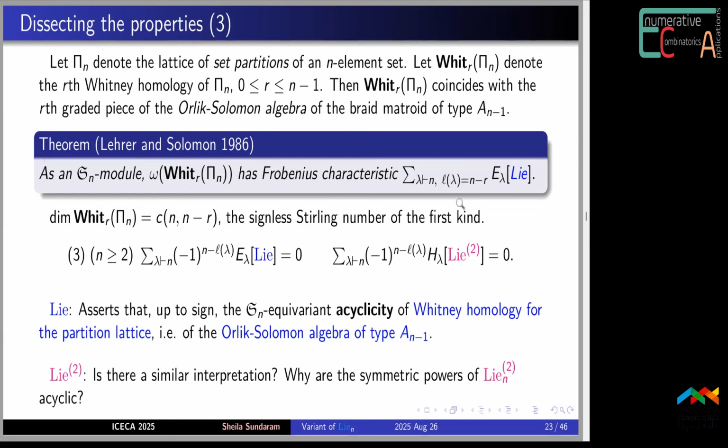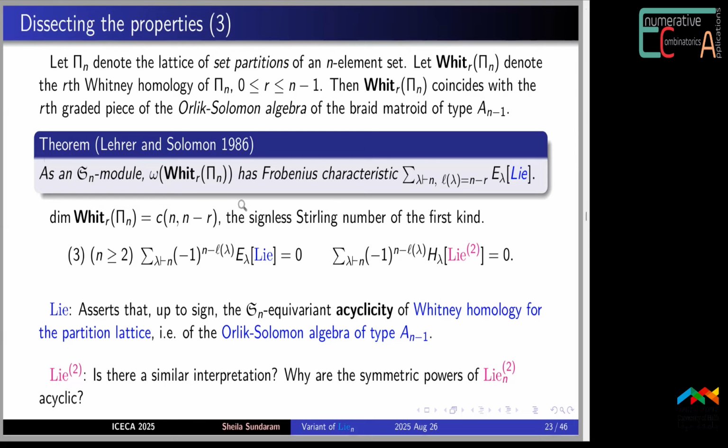So there's an annoying sort of backwards shift of indices here. Okay, so what is the dimension of this Whitney homology module? It's just the signless Stirling number of the first kind. In other words, it's the number of permutations in S_n with exactly n minus r cycles in its disjoint cycle decomposition.